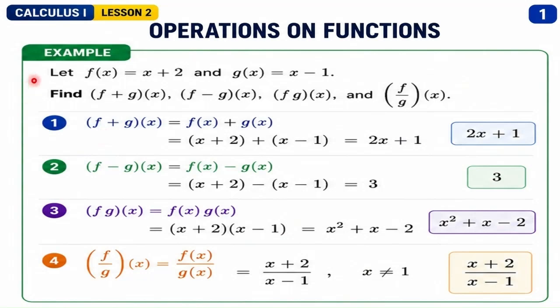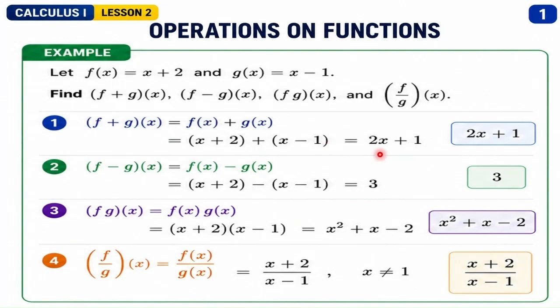Now let us apply these definitions to a simple example. Suppose f of x equals x plus 2 and g of x equals x minus 1. First, let us find f plus g of x. Substituting the expressions for the two functions, we obtain x plus 2 plus x minus 1.